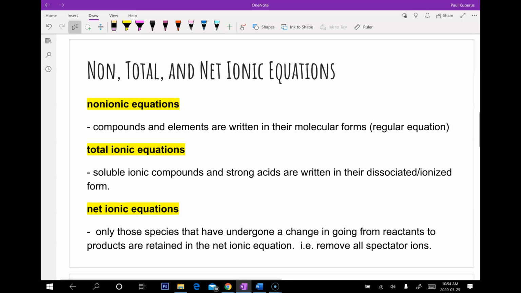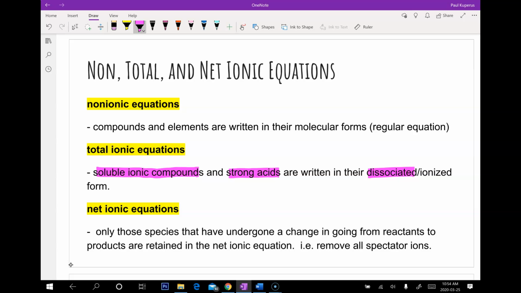Non-ionic, total ionic, and net ionic equations. Remember, the non-ionic equation is really just the standard chemical equation that we are so used to writing. For total ionic equations, we have to remember that we are dissociating all soluble ionic compounds and strong acids. They get dissociated. Anything else stays as is.